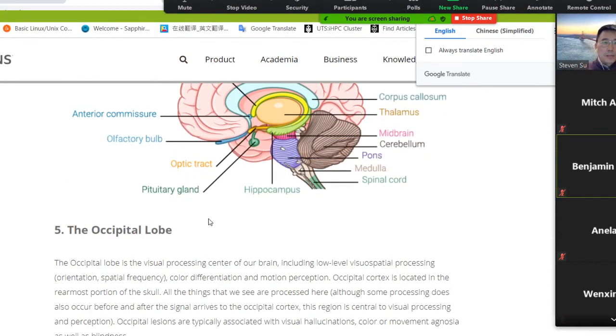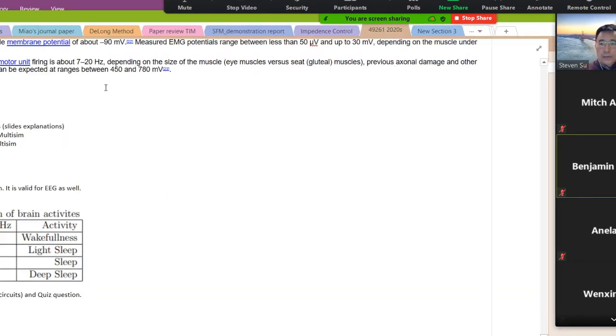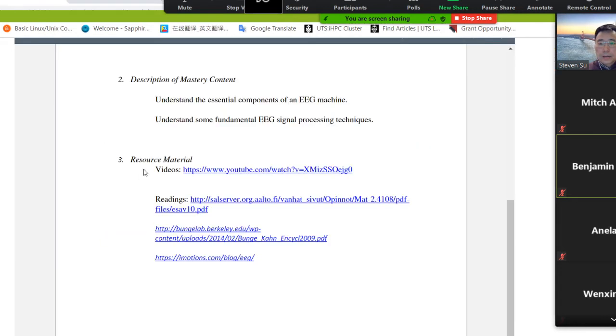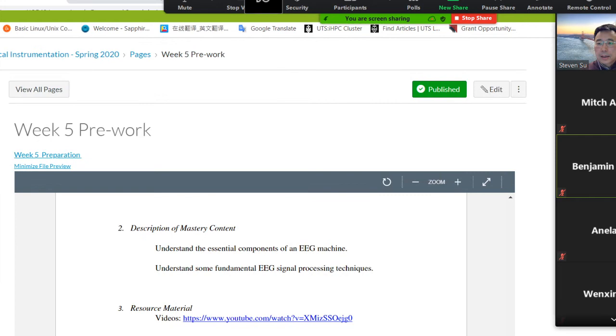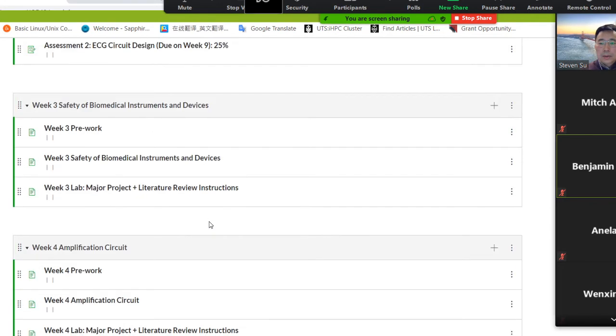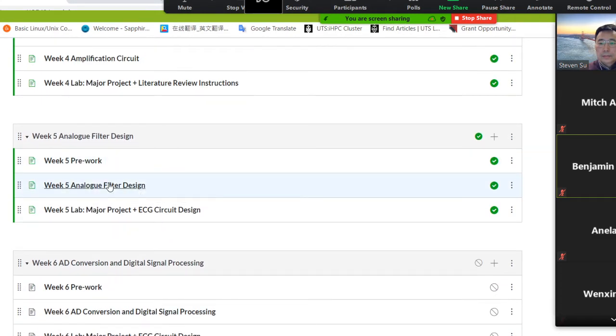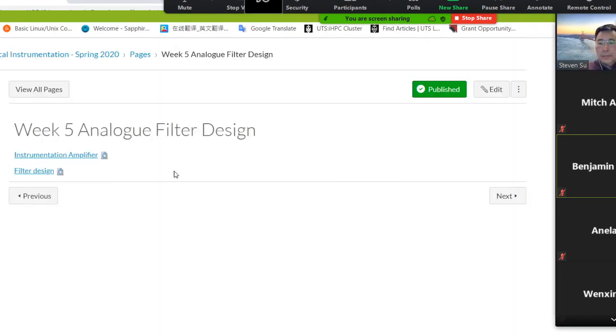So I think we maybe concentrate on our structure for each week. Now we start to look at the technical part, so we go to the lecture here. Basically we have an instrumentation amplifier.